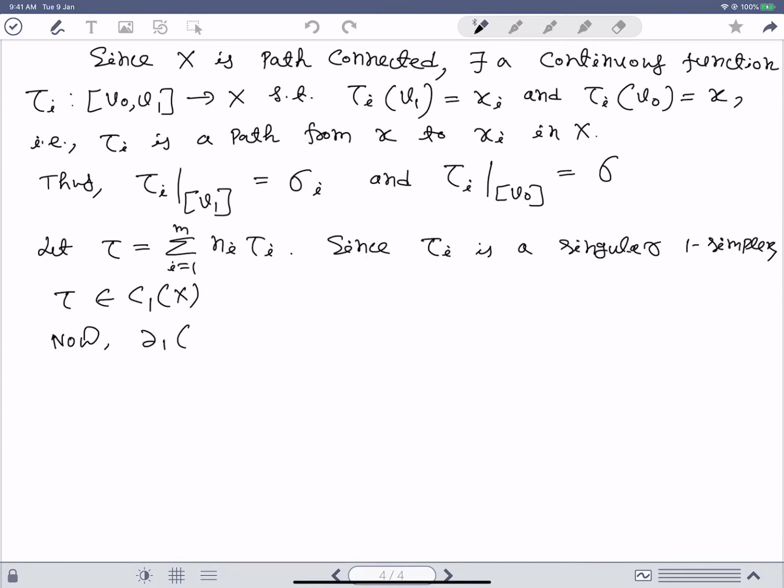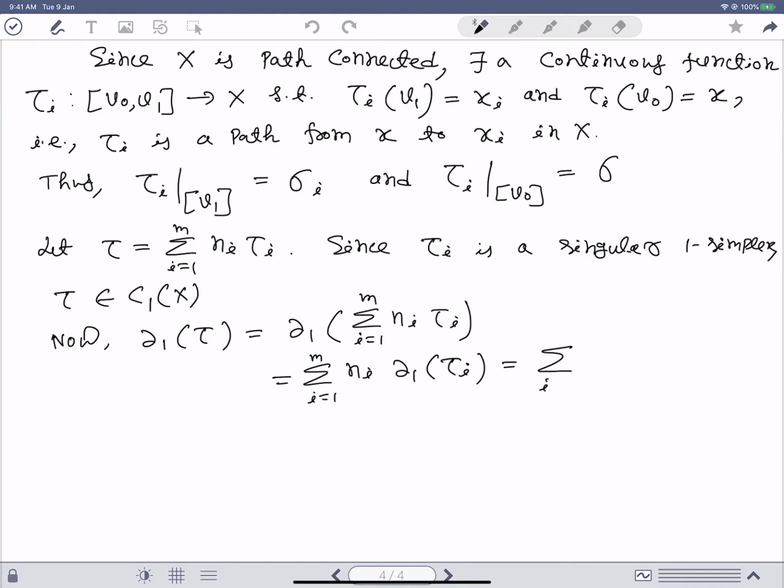Now del_1 of tau will be del_1 of that summation over i equal to 1 to m n_i tau_i. Okay, and that will be summation i equal to 1 to m n_i del_1 tau_i, that is summation i equal to 1 to m n_i, and then tau_i restricted over v1 minus tau_i restricted over v0.